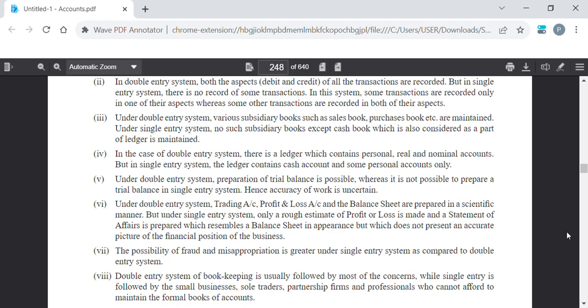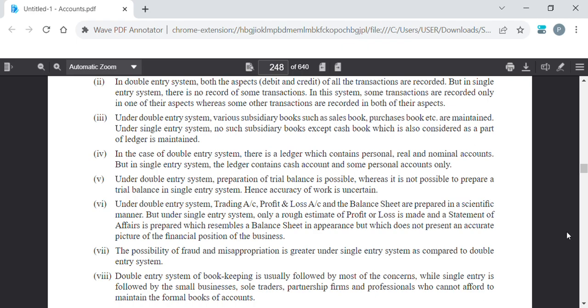Under double entry system, trading account, P&L account and balance sheet are prepared in a scientific manner, but under single entry system, only a rough estimate of profit or loss is made and a statement of affairs is prepared which resembles a balance sheet in appearance but which does not present an accurate picture of the financial position of the business.